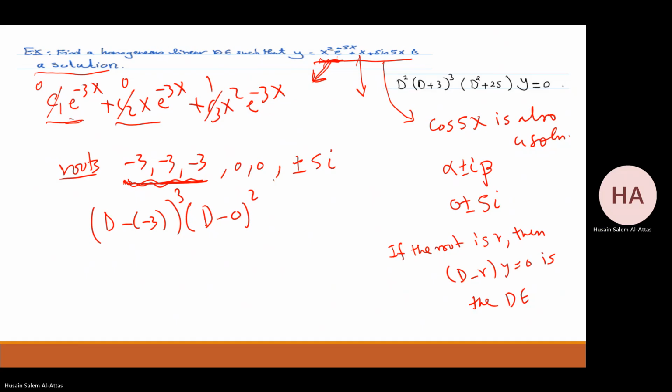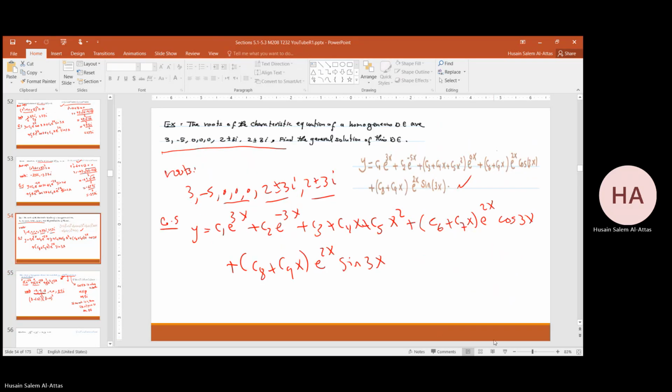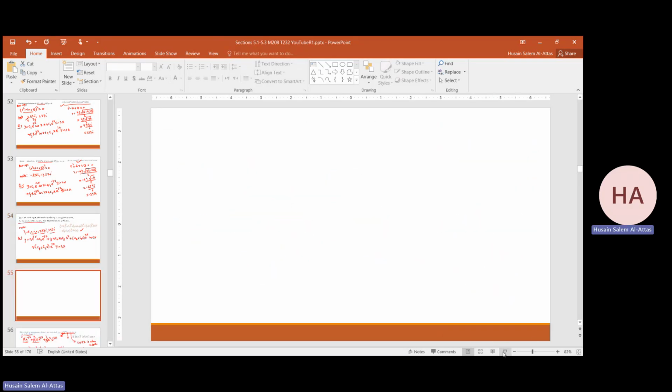Since I have alpha plus or minus i beta, you know what? Let me explain that. Let me have a page here.